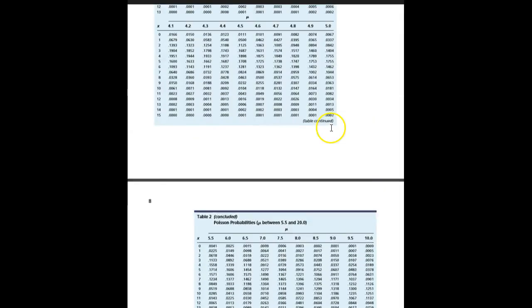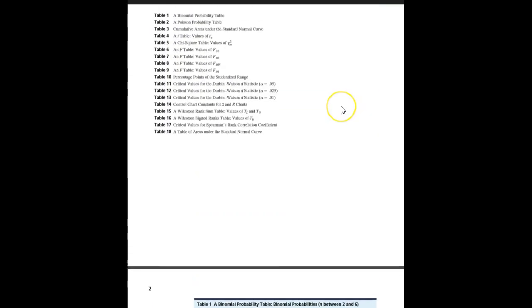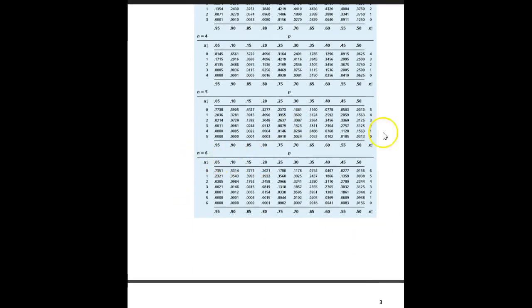So we go to our binomial tables, find the n equals 6 table, and the p-value equal to 0.25, the column kind of right in the center here. We want to know that at least 2 of the professors are women, so that is the probability that x is greater than or equal to 2.